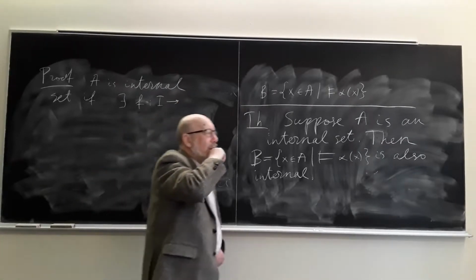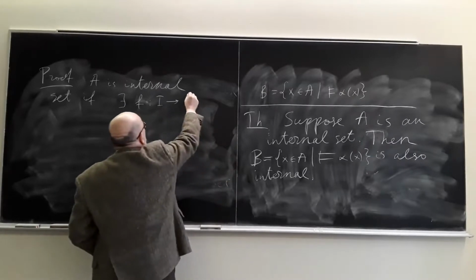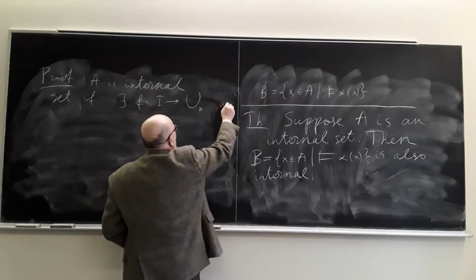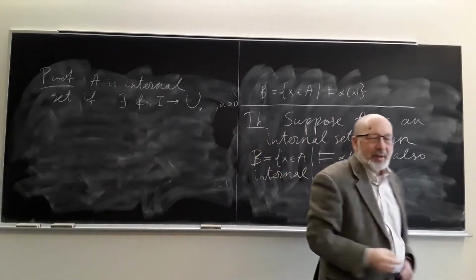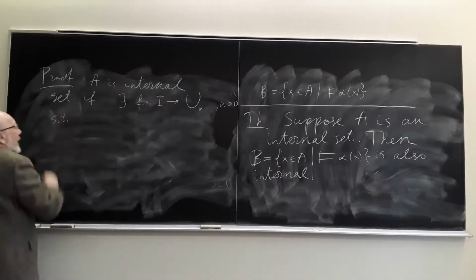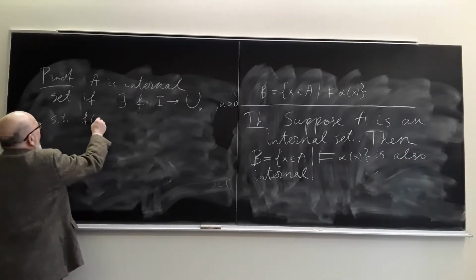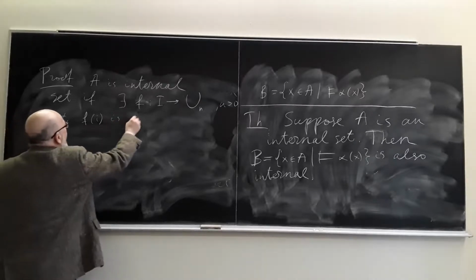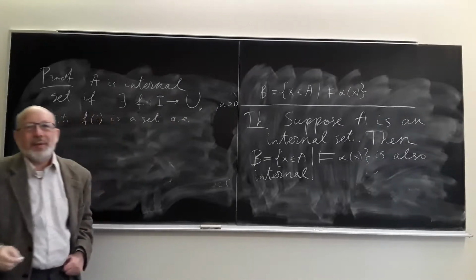We had our standard universe U, and a number n more than 0, so it should be sets, such that f of I is a set almost everywhere.